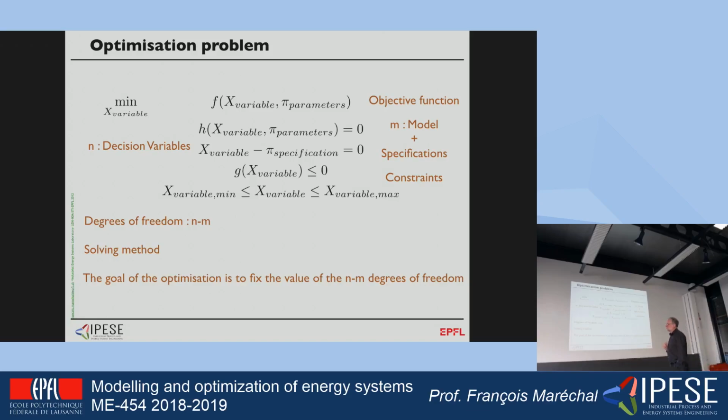The goal of the optimization is really to fix the values of the degrees of freedom with a given purpose, which is the objective function that needs to be optimized.